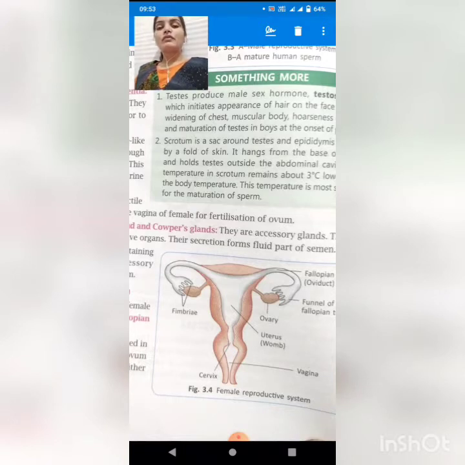When we talk about the female reproductive system, the main organ which is responsible for the formation of female gametes is the ovary. And what is the name of the female gamete? That is ovum. You can see two ovaries in this diagram.